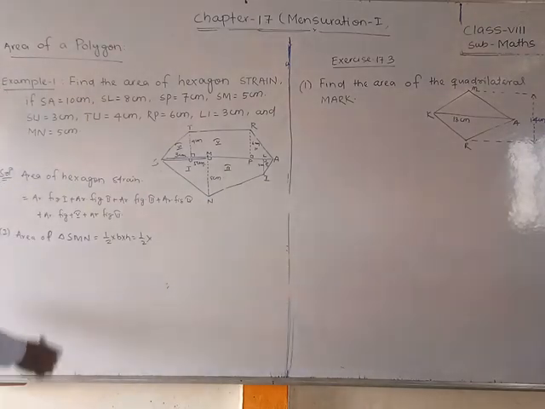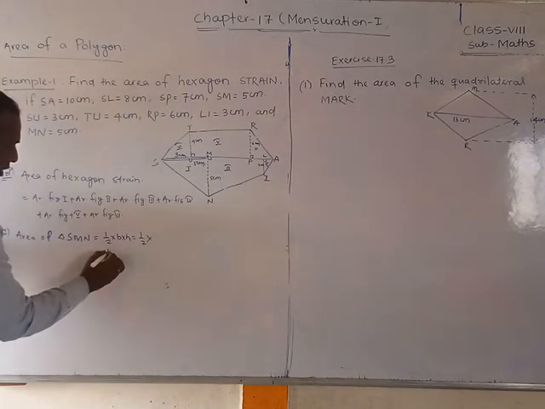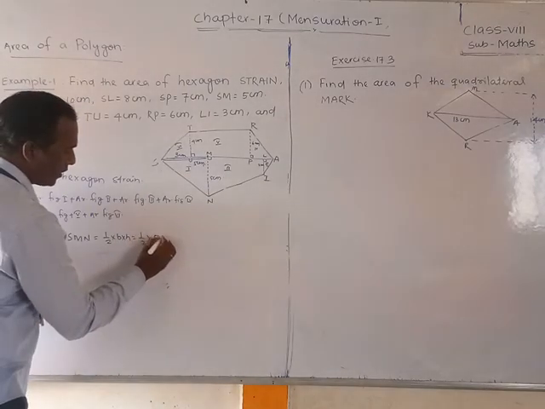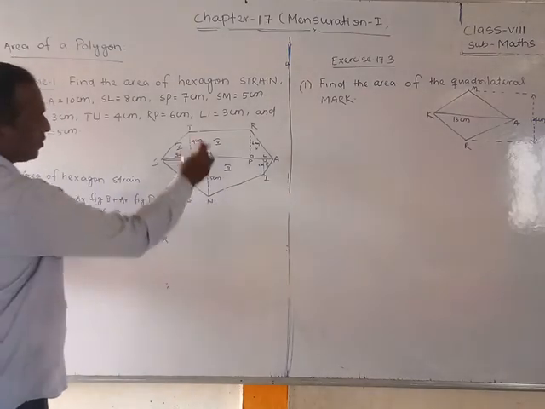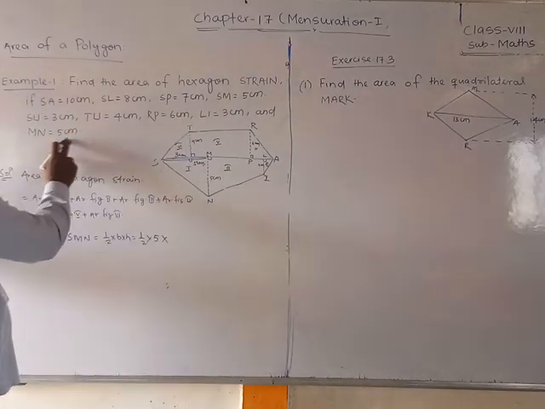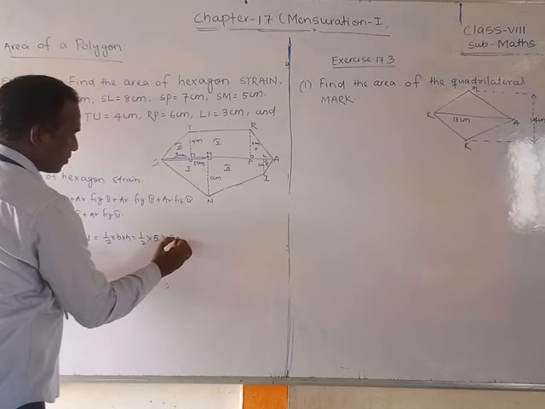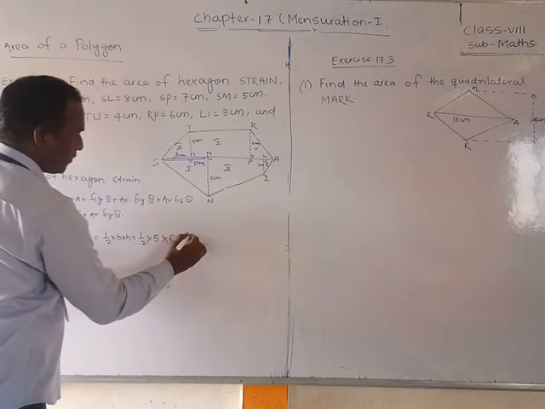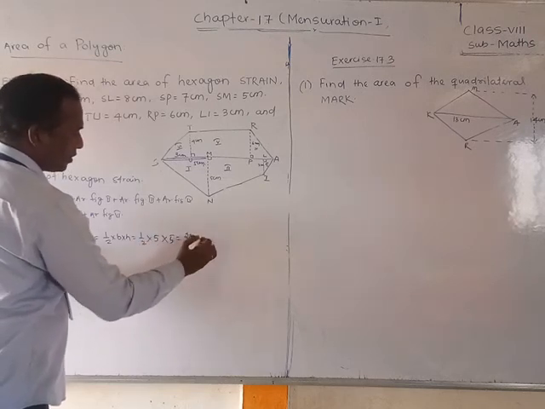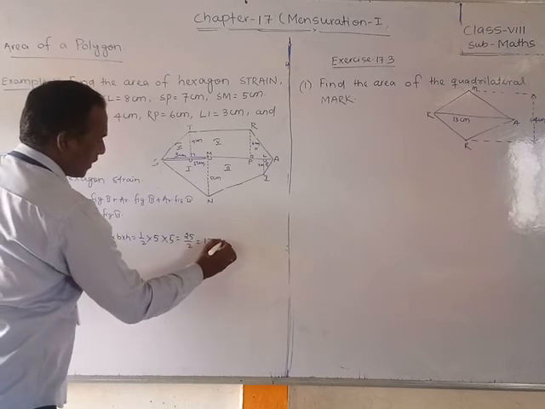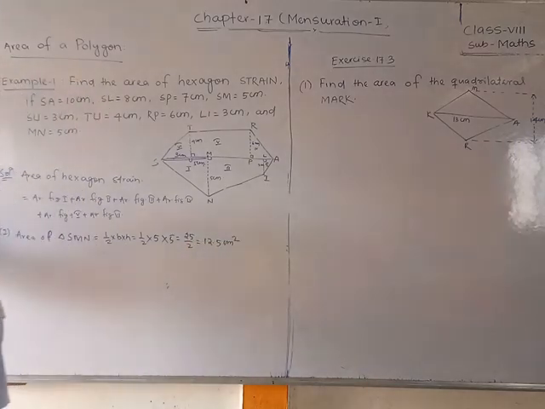So total 5 centimeter SM, so we can write half into 5 into MN, you can see MN is also 5 centimeters. So it is equal to 25 by 2, or 12.5 centimeter square is the first area.